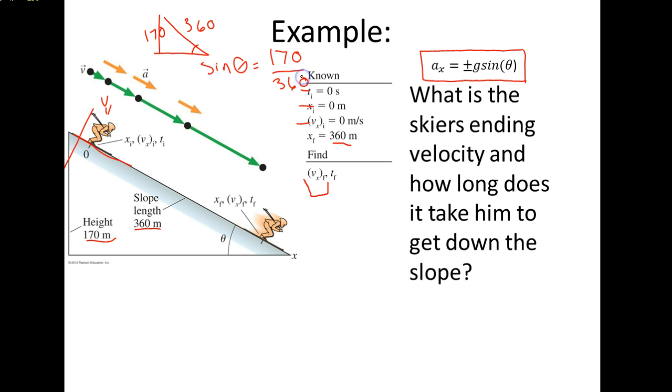Alright, and I've got to solve for theta, so that means theta is equal to the inverse sine of 170 over 360. Alright, and go ahead and plug that in, and you should get like 27.